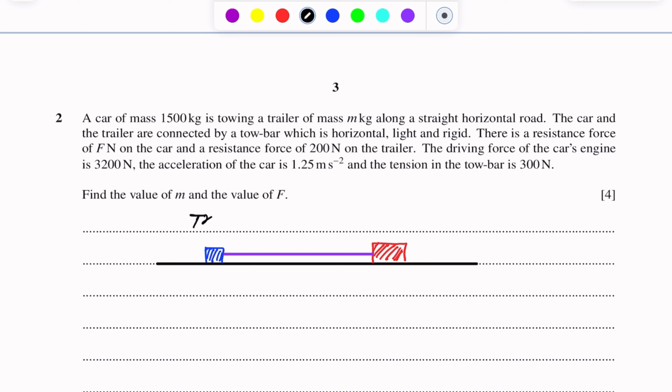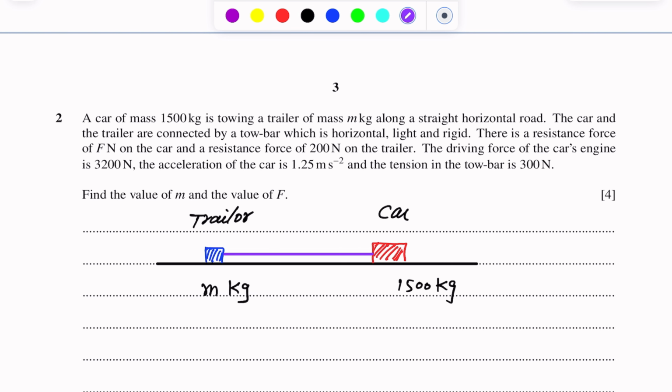Masses are given: 1500 kg is the mass of the car, and m kg is the mass of the trailer. First of all, we will mention the forces acting on the system.